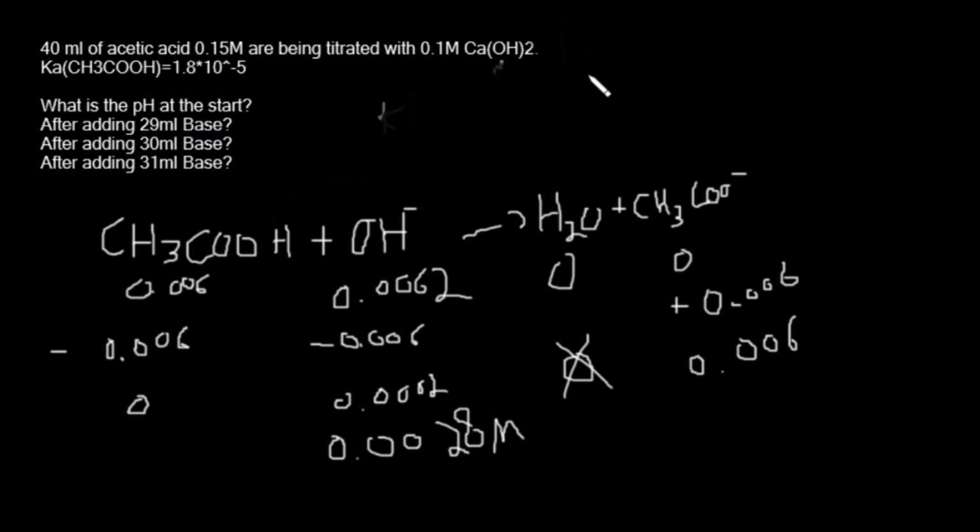We find the pOH, which is the minus log of this. So minus log of OH minus is the pOH, which gives me 2.55.